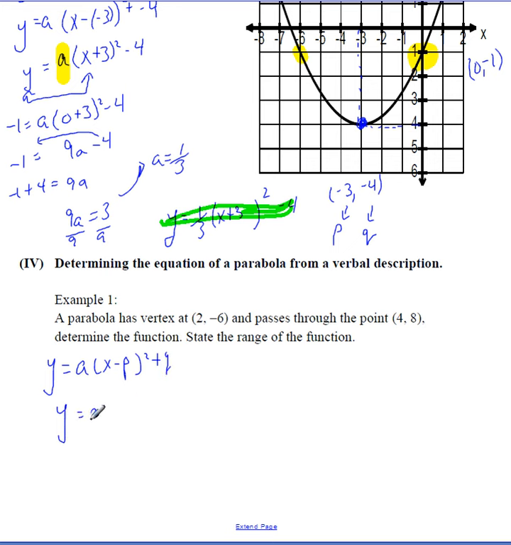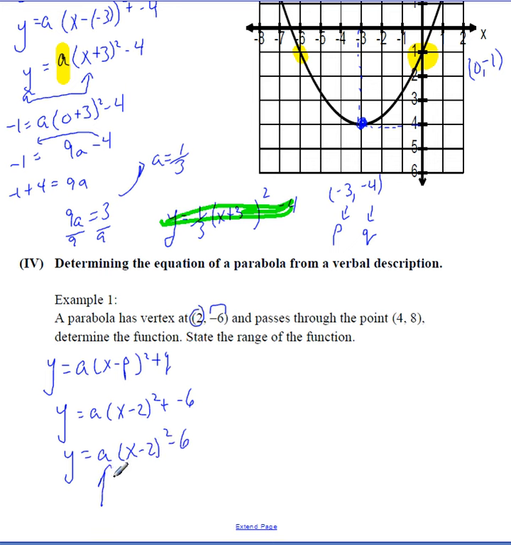Y equals a, x subtract. Now our p value is 2 plus our q value is plus -6. So y equals a, x subtract 2 squared, subtract 6.